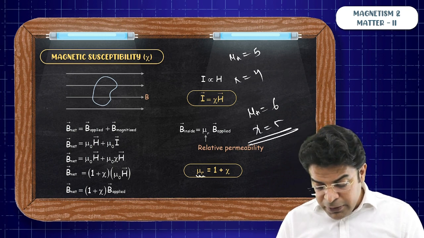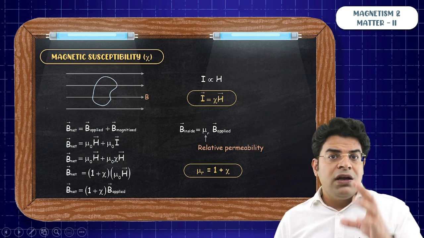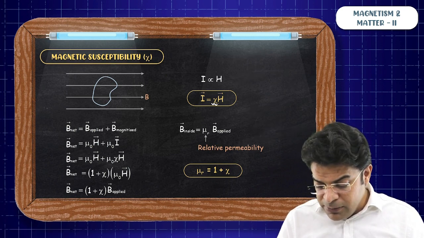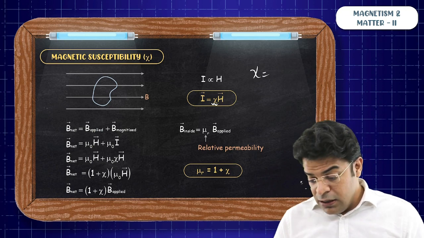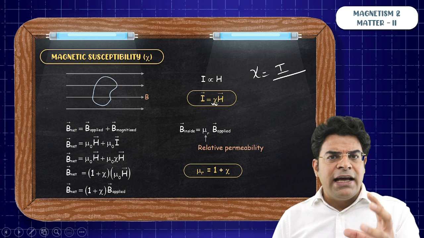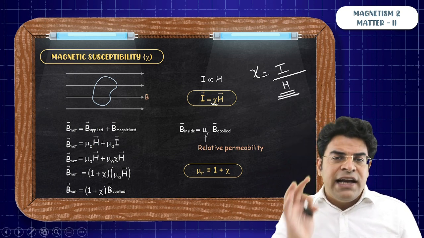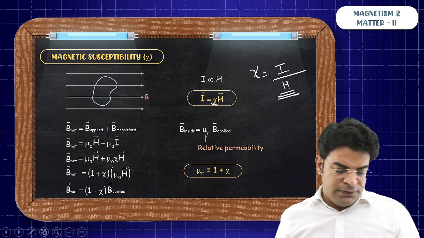And what is the susceptibility? Susceptibility is the ratio of intensity of magnetization, how much the substance has magnetized, divided by the magnetizing field intensity, the field that has been applied to magnetize the substance.